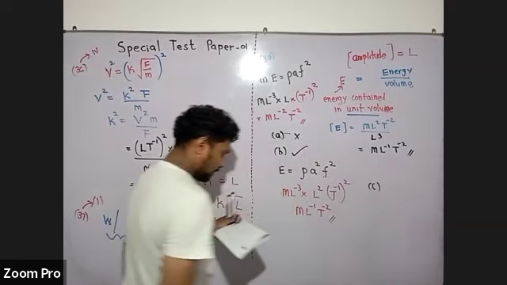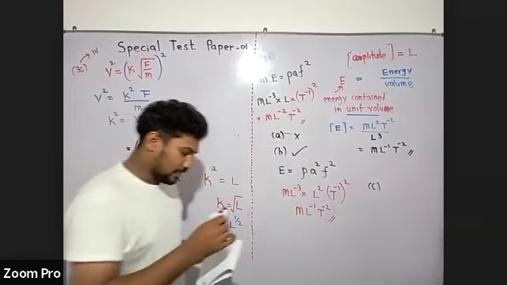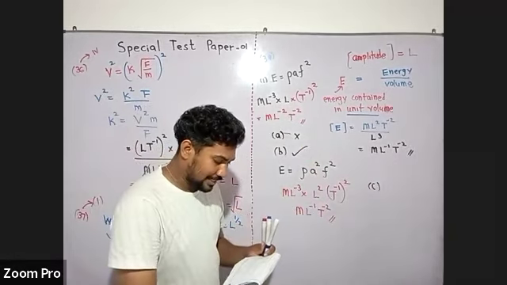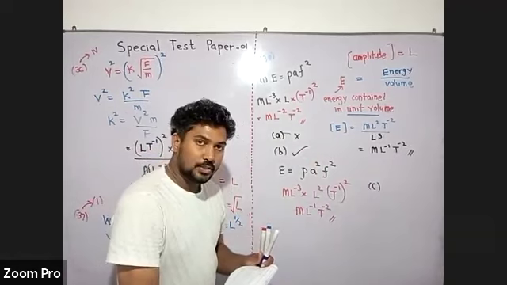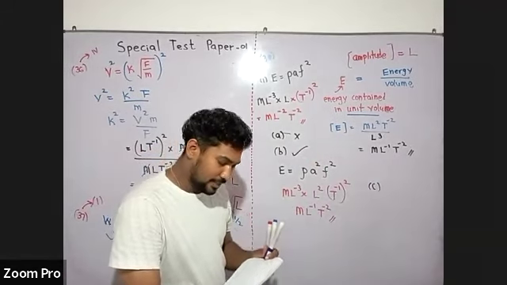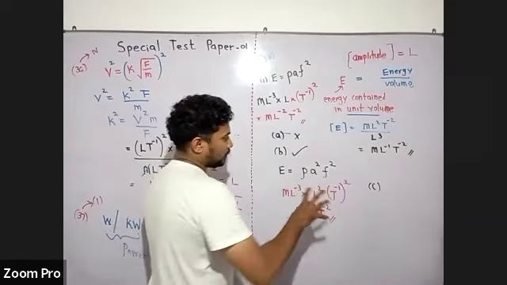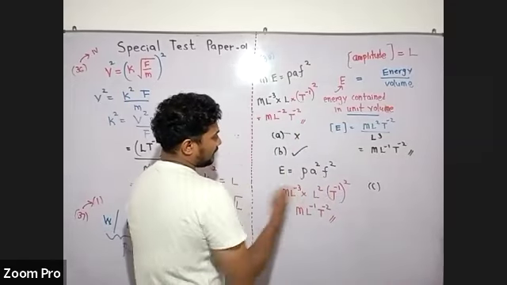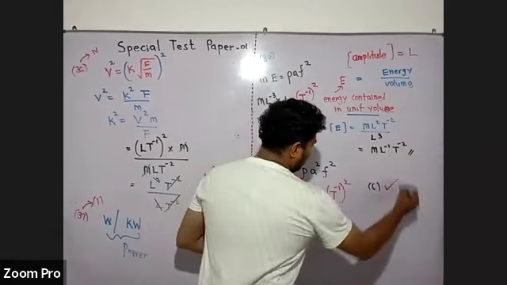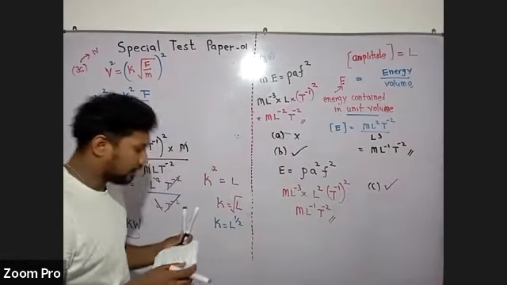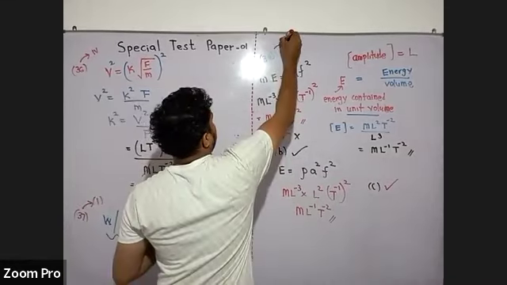In C, the only difference is the inclusion of K. K is a dimensionless constant, so you can obtain the same answer as in B. So the C statement is also correct. The answer should be B and C, that is the fifth one.